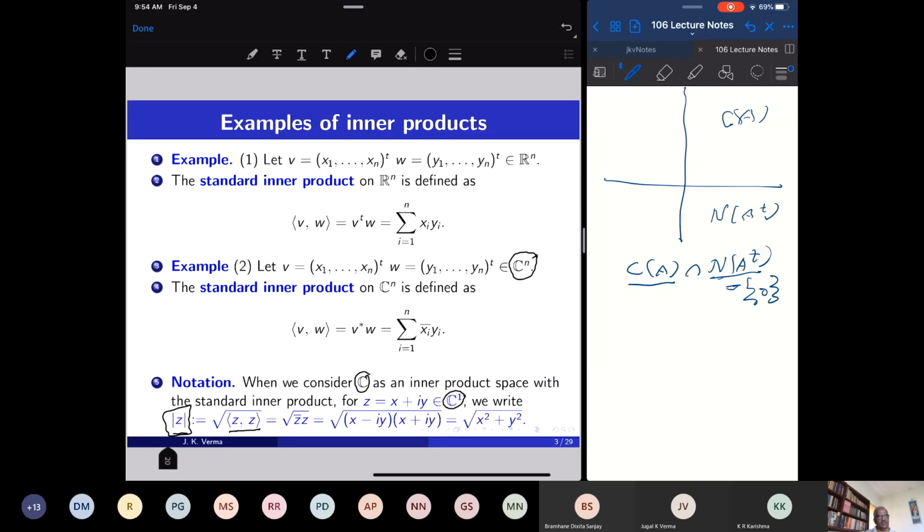It is bilinear, then conjugate symmetry, and then it is positive definite and homogeneity. Those 4 axioms can be checked for both these operations and see that V transpose W or V star W introduce an inner product in Rn and Cn, so they are inner product spaces.